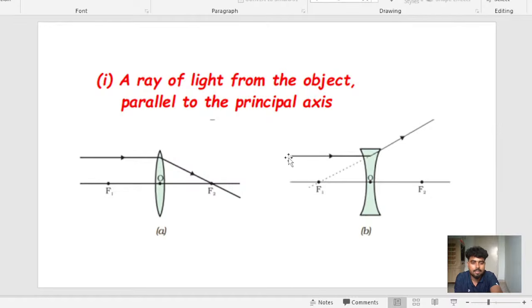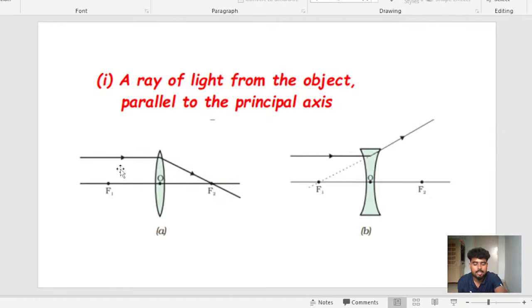Refraction of the light takes place here because we are going to talk about the denser medium.